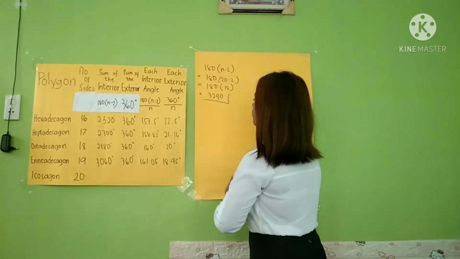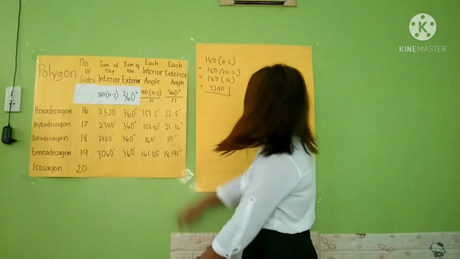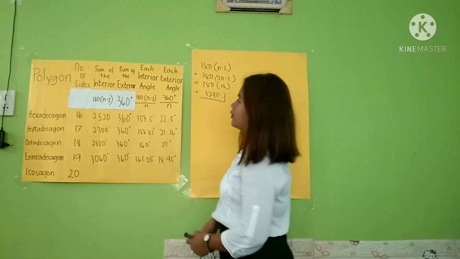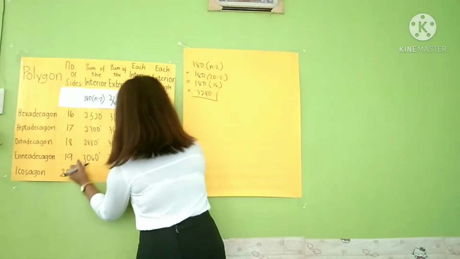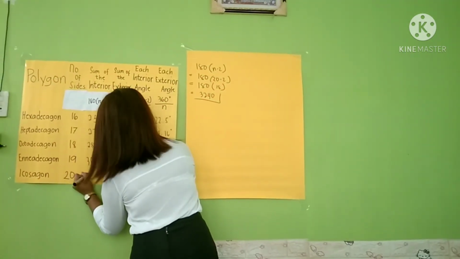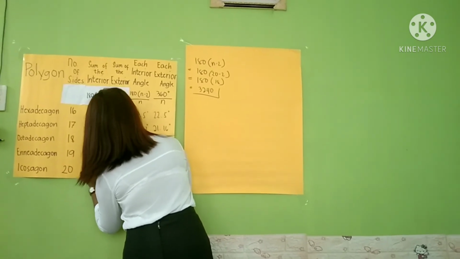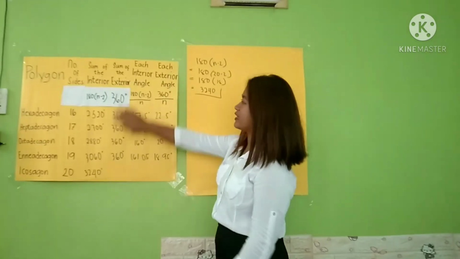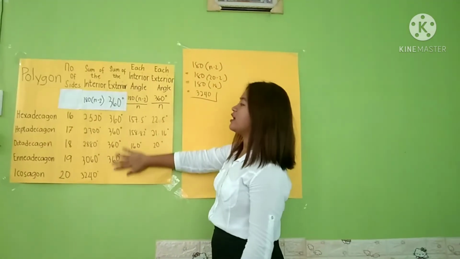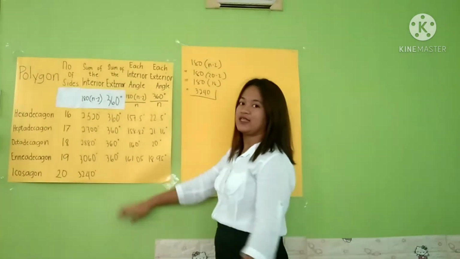Then we put it on the table. 3,240 is the sum of the interior of the icosagon. And always remember that the sum of the exterior is always 360 degrees.